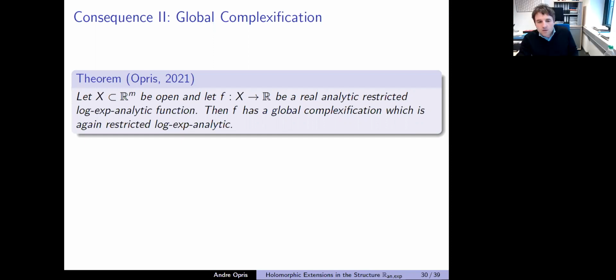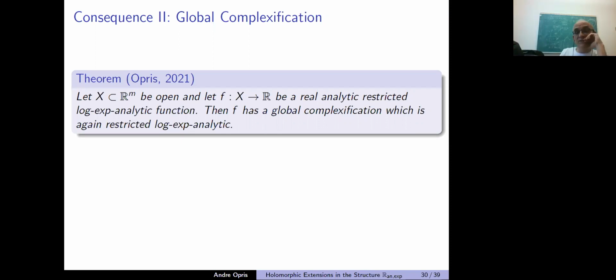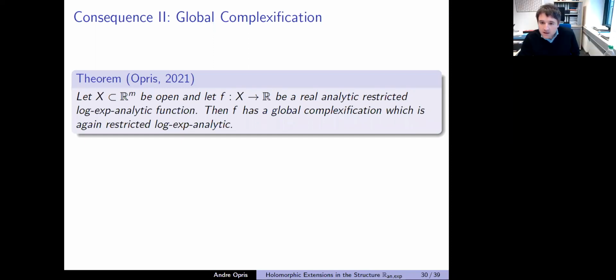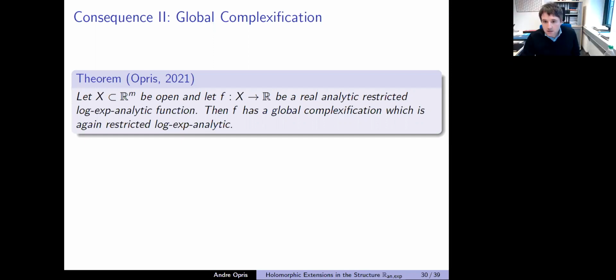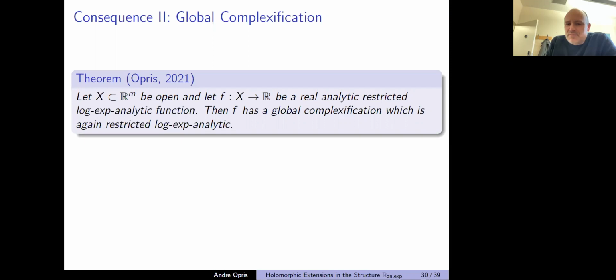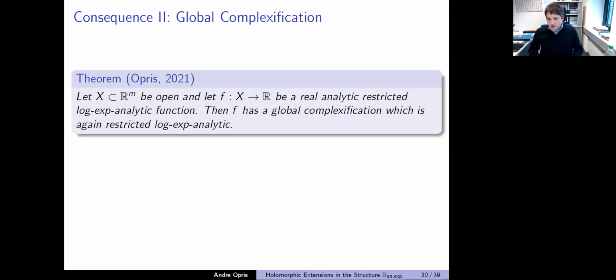But the result holds for families. For what kind of families? Definable families, and each function in the family has to be real analytic. And uniformly so? Yes. So piecewise, the same formula defines the complexification? Yes. Oh, okay.